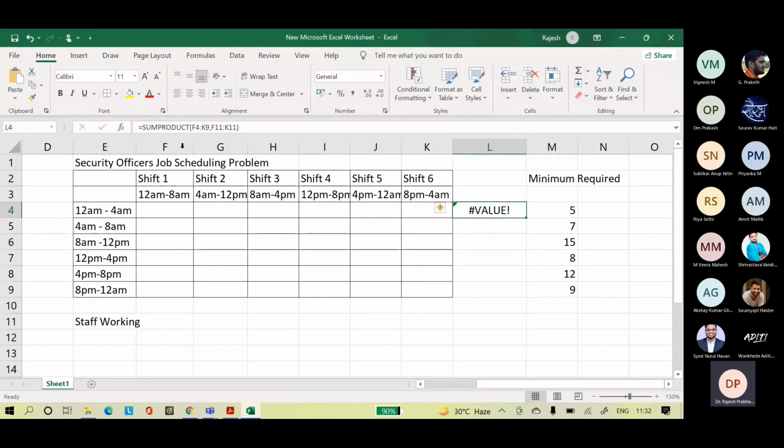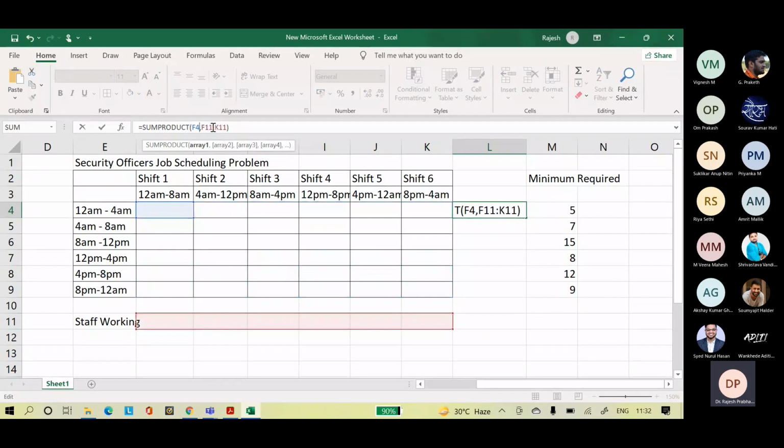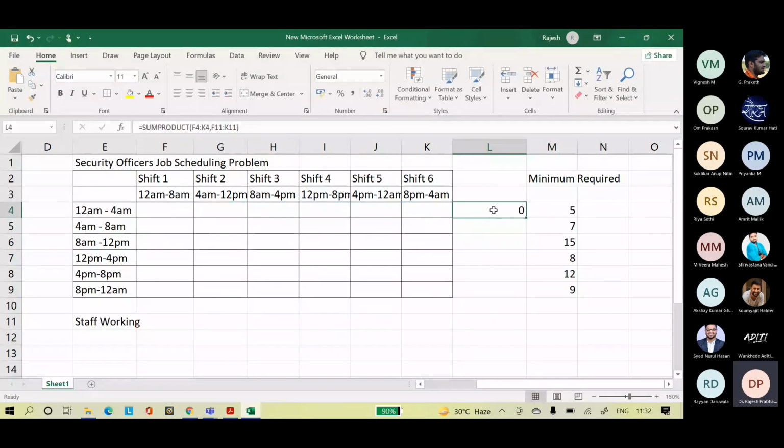Oh, sorry, I did a formula calculation wrong here. Sum product of this, then 0.